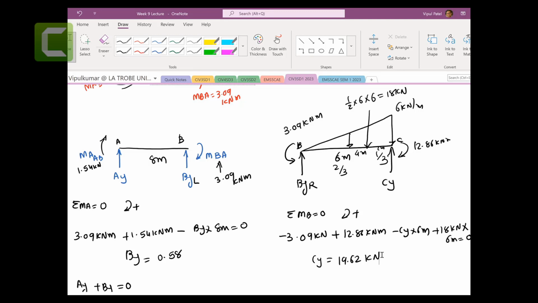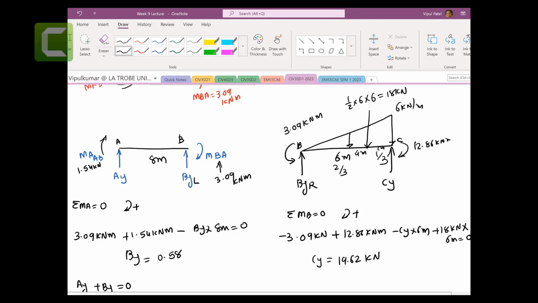So if you apply the moment here, 18 would be clockwise and then minus 3.09 and plus 12.86, and then you got CY, which is anti-clockwise. So CY times 6 meters plus 18 kilonewtons going here times 6 meters. So let me go to the centroid of the triangle.